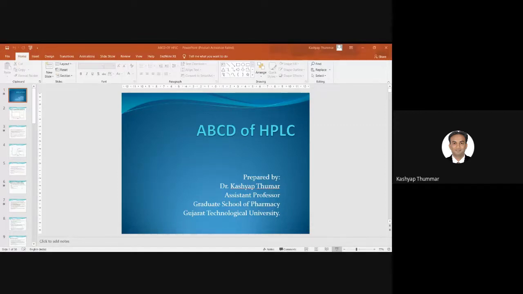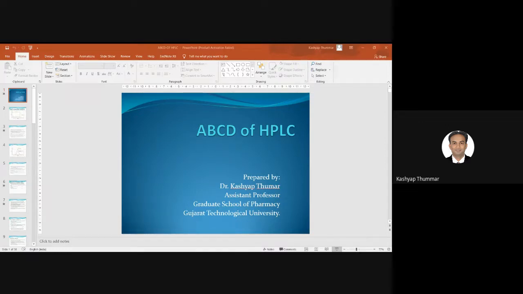If you read any book, article, or chapter, there are so many scientific terms which are out of the box. If you know the basic meaning of this terminology, it will be very helpful for you to read the articles or chapters.